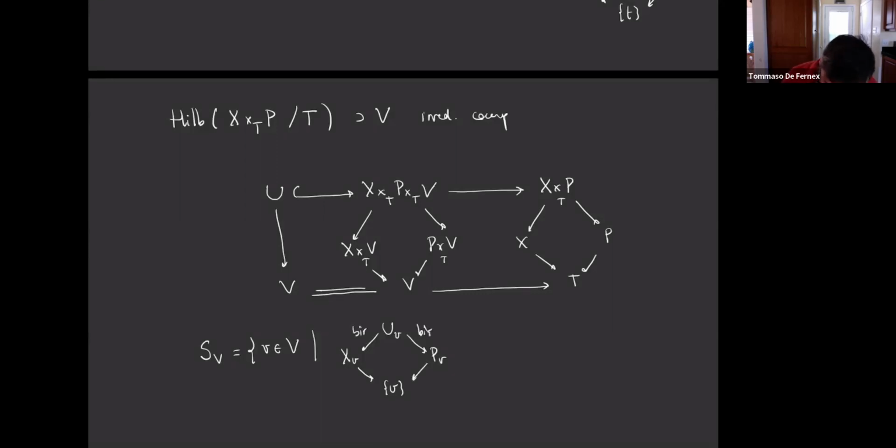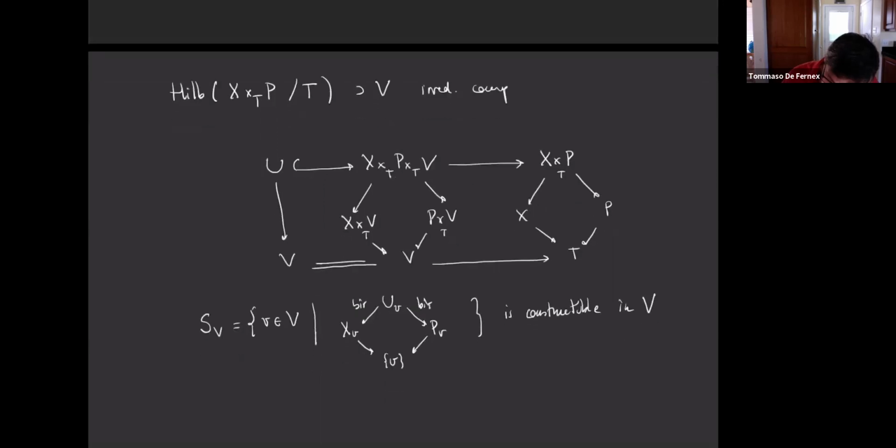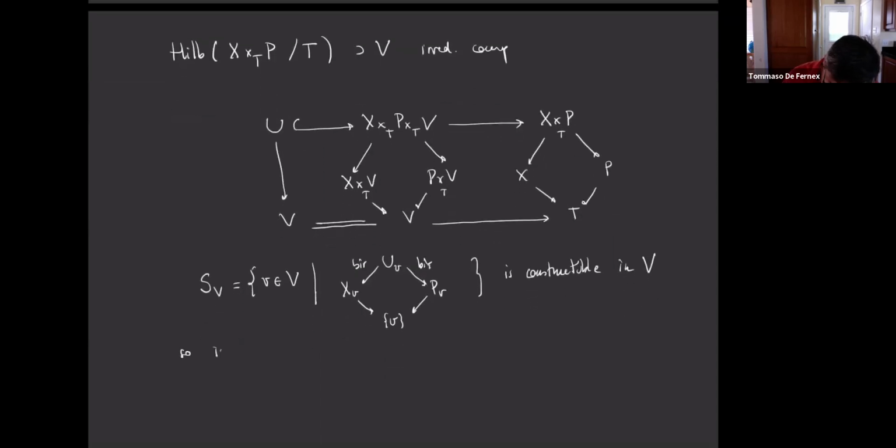And these properties are constructible. So this is constructible in V, and so is the image of S_V in T under this map. And then we conclude by the fact that the rational locus is just a union of these things.